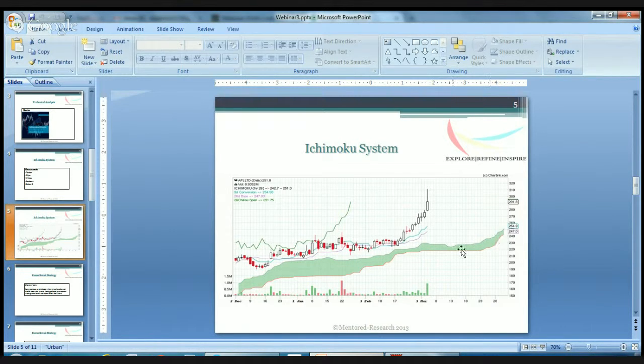Okay, this Kumo acts as solid support for the system in a bullish chart. Okay, it will act as solid resistance for a downtrending bearish stock. So today it is telling me that the future support is around this 247, 254 level on this chart. Okay, so it helps me plan by looking in the future.